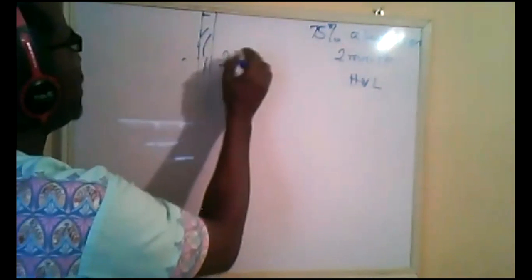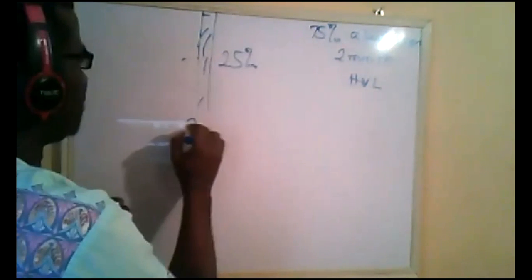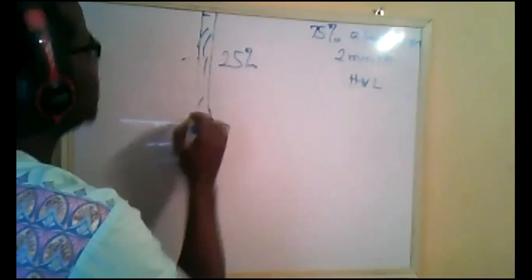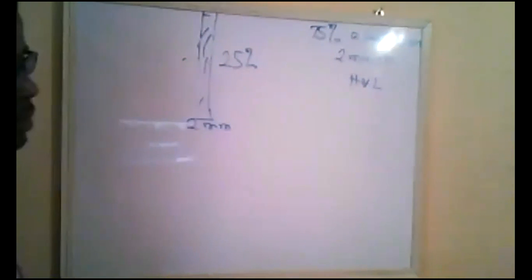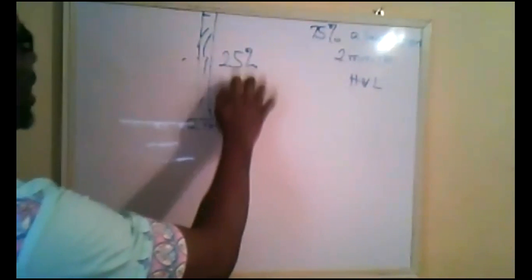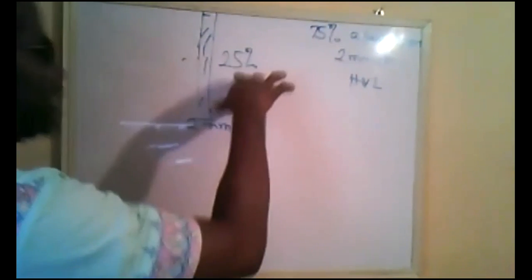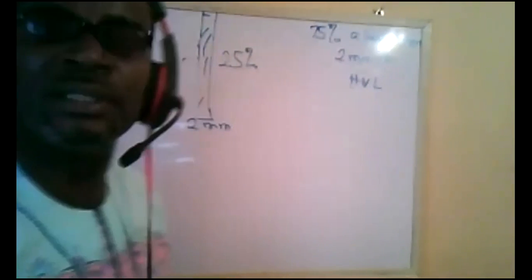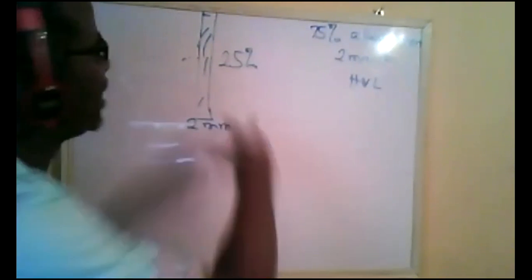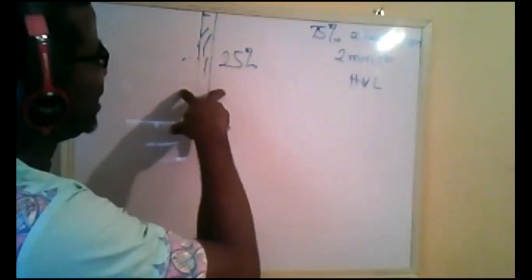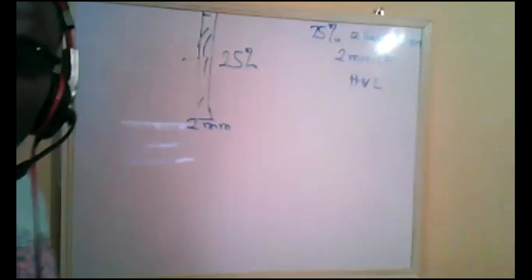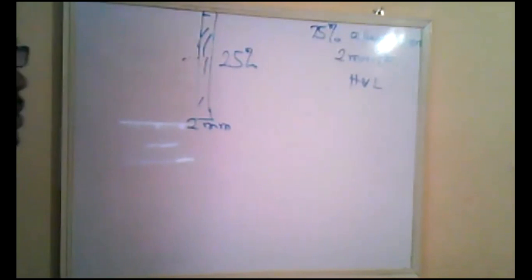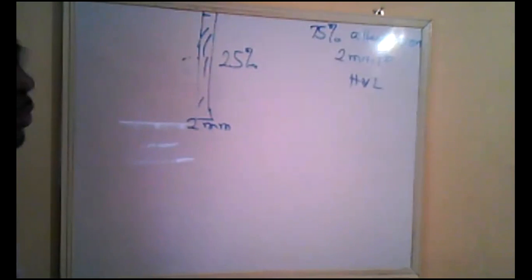It means 25% was transmitted by 2 millimeters of lead. So what would have transmitted 50%? Anything that transmits 50% is the HVL. Any thickness of material that transmits 50% is the HVL. So what can we draw from that? It's just a very rough idea of doing it.